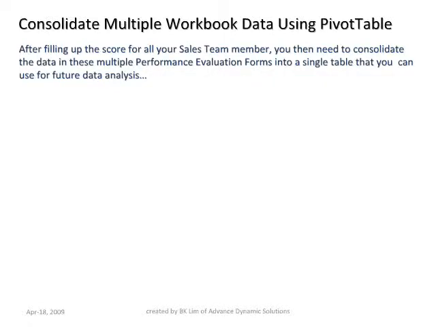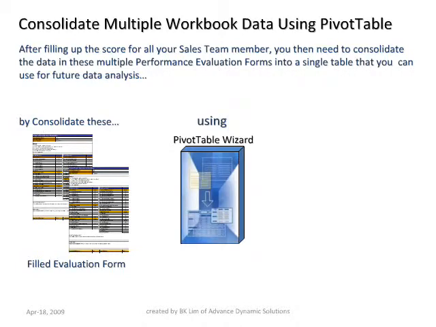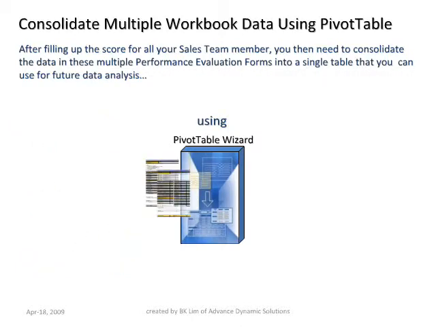After filling up the score for all your sales team members, you then need to consolidate the data in these multiple performance evaluation forms into a single table that you can use for future data analysis. You will then want to consolidate these filled evaluation forms into a single consolidated data table using PivotTable Wizard as illustrated.